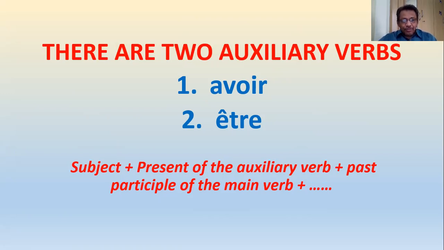Write the subject, then take the auxiliary verb and conjugate it in present tense. So the present conjugation of the auxiliary verb is used, and after that the past participle is used. This is the sentence structure of a passé composé sentence, past and present perfect: subject plus present tense of the auxiliary verb, and then the past participle of the main verb.